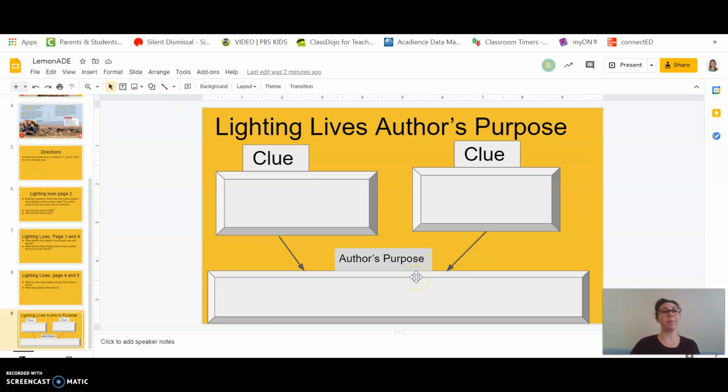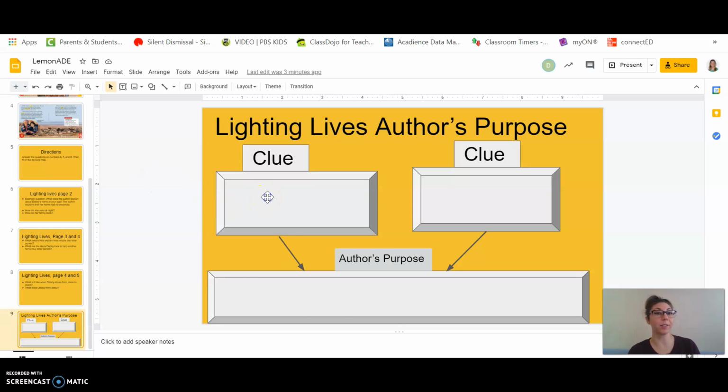So the author's purpose is thinking about what did the author want to do? Did they want to explain something? Did they want to describe or give lots of details about something? Or did they want to answer a question? Okay?